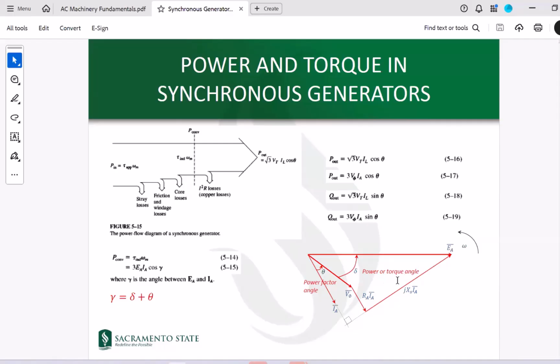So remember, there is a major difference between theta and delta. Delta is called the power angle or torque angle, but theta is called the power factor angle, right? The power factor angle is mostly associated with the electrical side of the system, the difference of angles between voltage and current. But the power angle lies really on the mechanical side of the system, because that is the one which can determine how much power you can provide to your system.